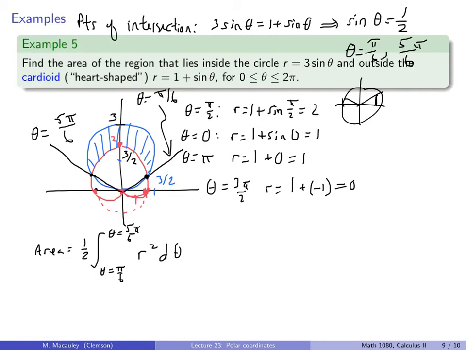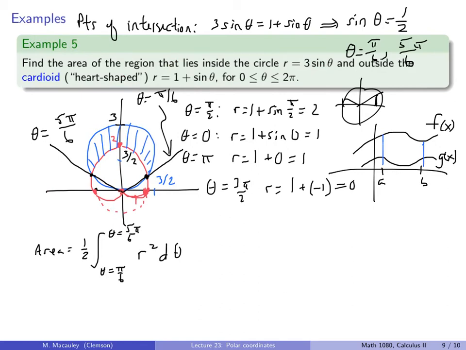What's r squared? Actually, well, let's see. Let me ask you this question from calculus. If I said compute the area between f of x and g of x from a to b, so what you want to do is you want to compute just this area.